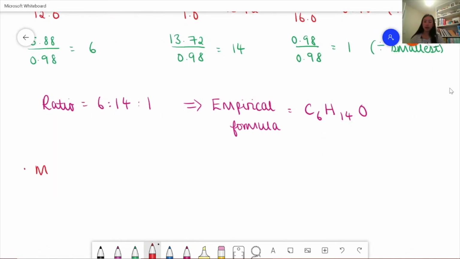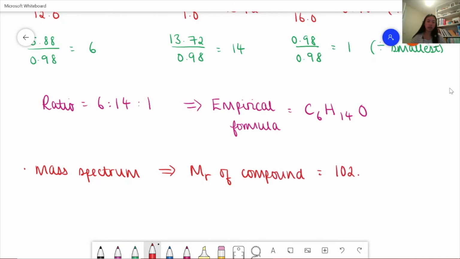So from the mass spectrum, we've gained the information that the Mr of this compound is equal to 102. And so now we can find our molecular formula of this compound, because we find the unit of the empirical formula and then multiply this unit by the empirical formula.